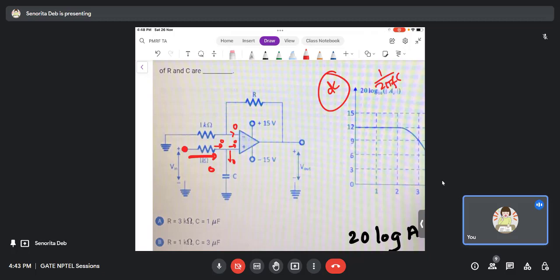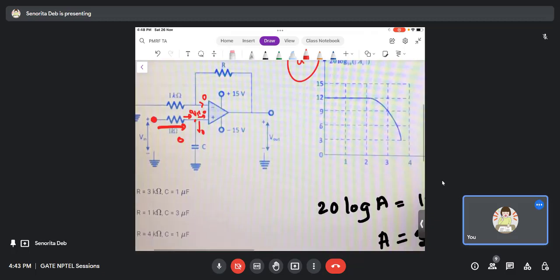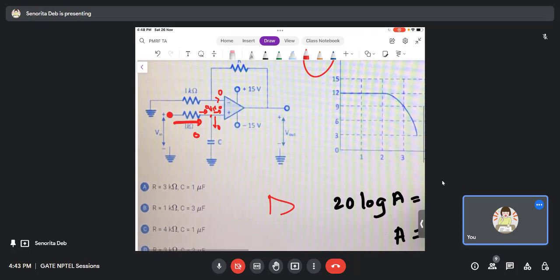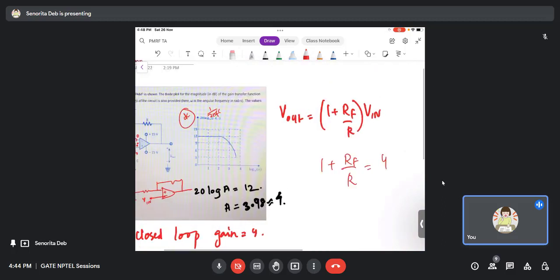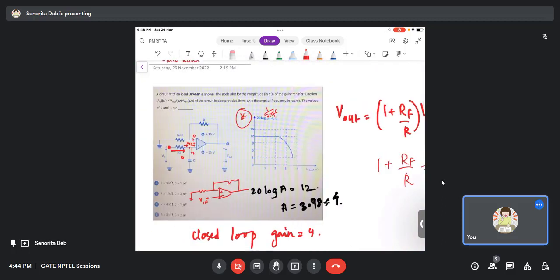The Vin is here. So if the Vin is here, then this circuit is nothing but similar to this circuit. Right? And for this circuit, what is the formula? 1 plus RF by R. That's it. So 1 plus RF by R is nothing but 4. From where did 4 come? From the Bode plot.